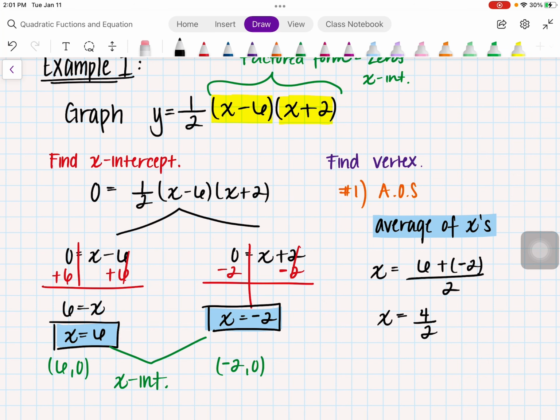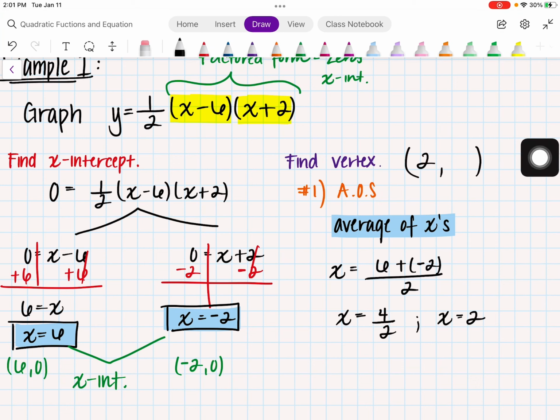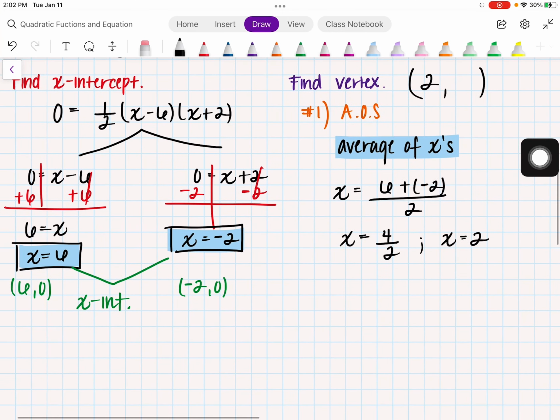So 6 plus -2 is 4. 4 divided by 2 is 2. So in this case, the axis of symmetry is 2, or the x in the vertex is going to be 2. So all we need to do in this case is find the y.